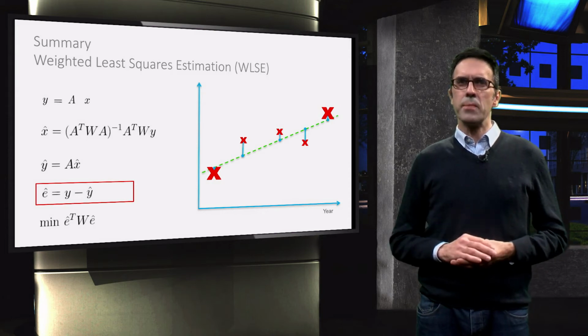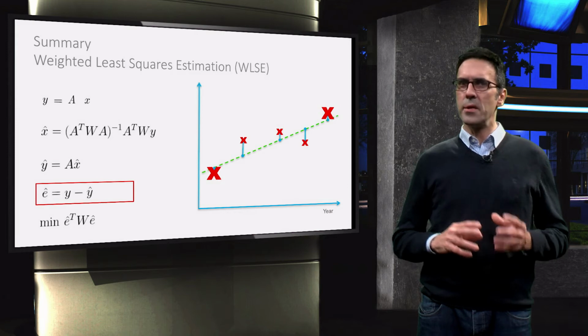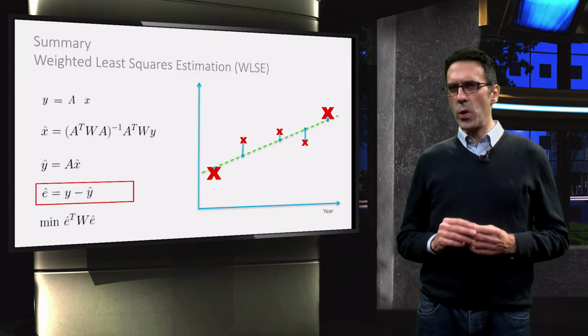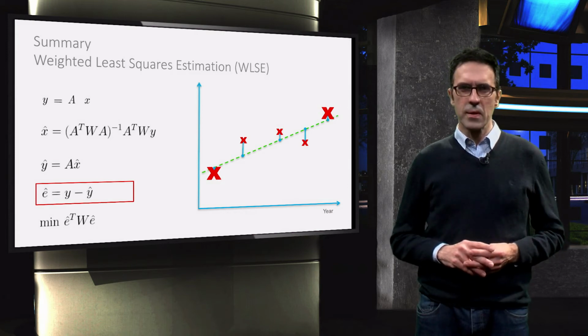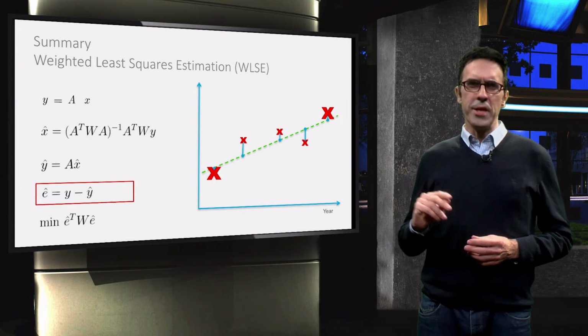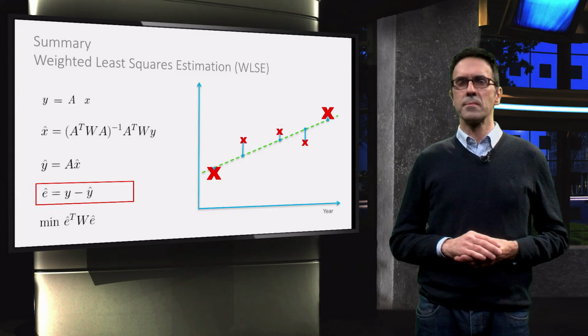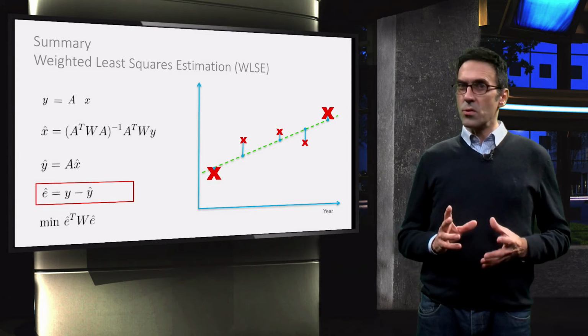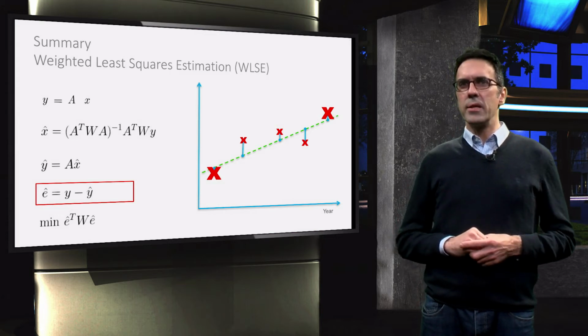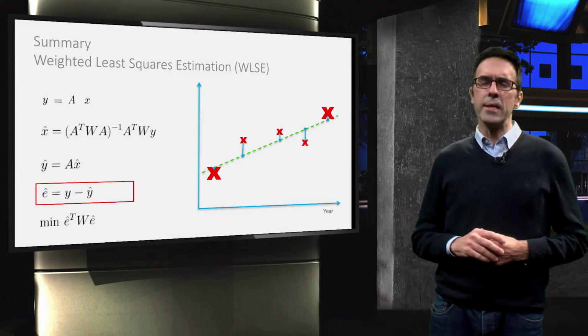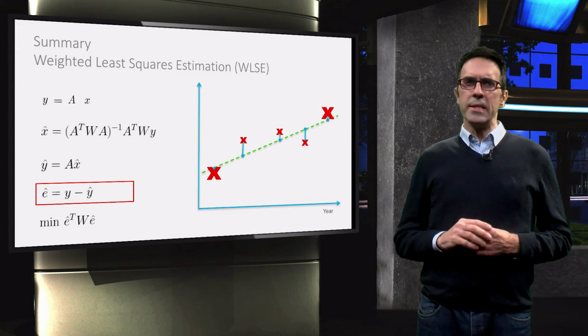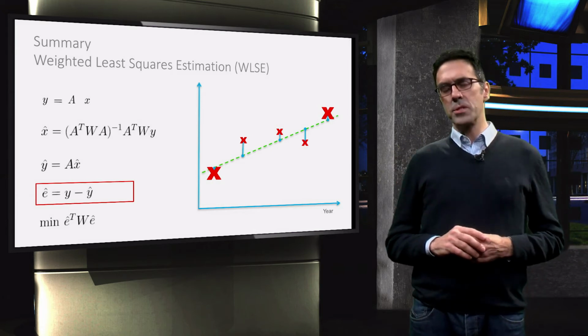But we did this by giving some observations more weight than the others, as expressed in the weight matrix W. In the plot, the observations with a bigger cross represent observations with more weight. The differences, or residuals, are indicated by the little vertical blue lines, and we call these the least squares estimates of the residuals, or e hat.